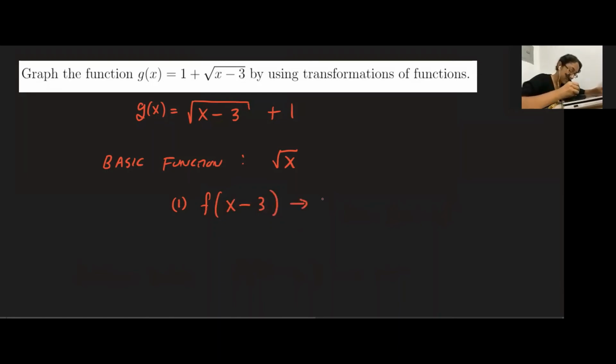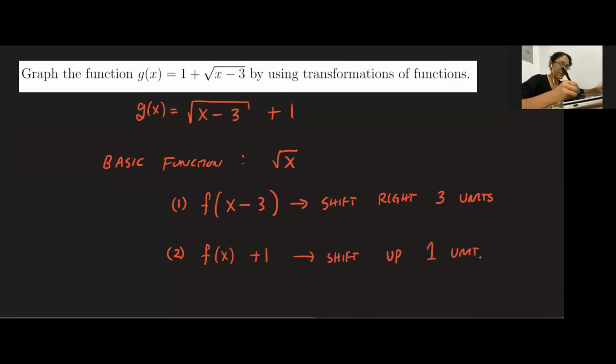So this means we're going to shift right 3 units. And then from there, we're going to do plus 1. So that looks like you take the original function f of x and you add 1 to it. So what that means is you're going to shift the function upward 1 unit, because that's a vertical shift. And that will give us our final sketch.